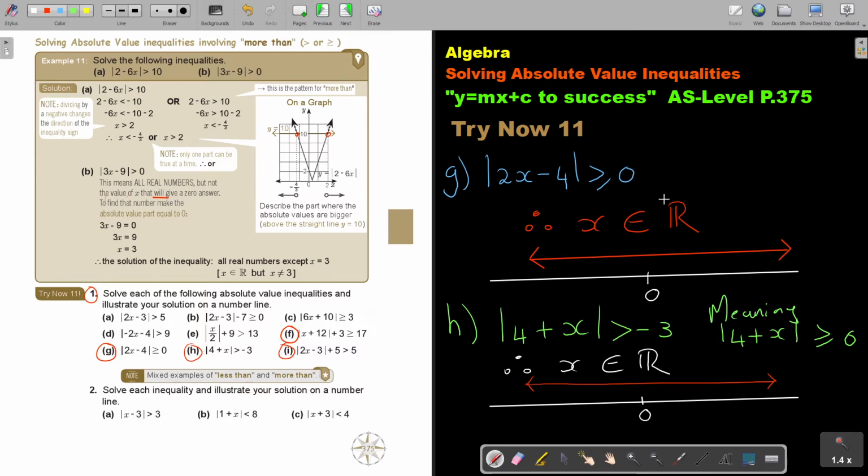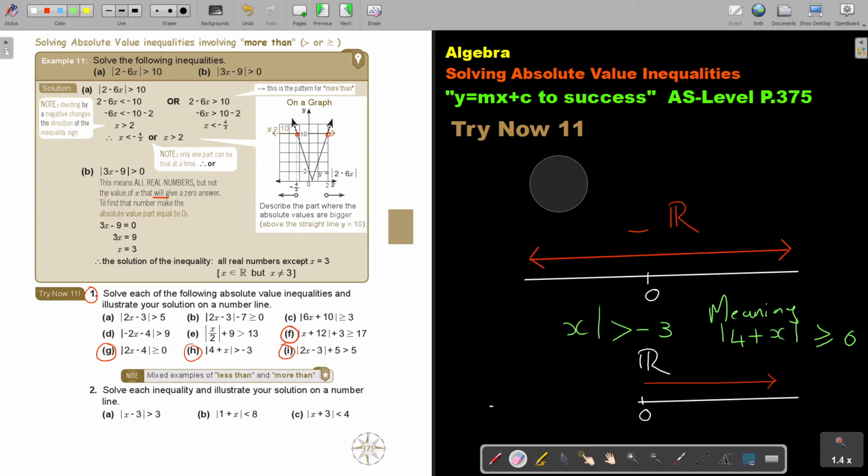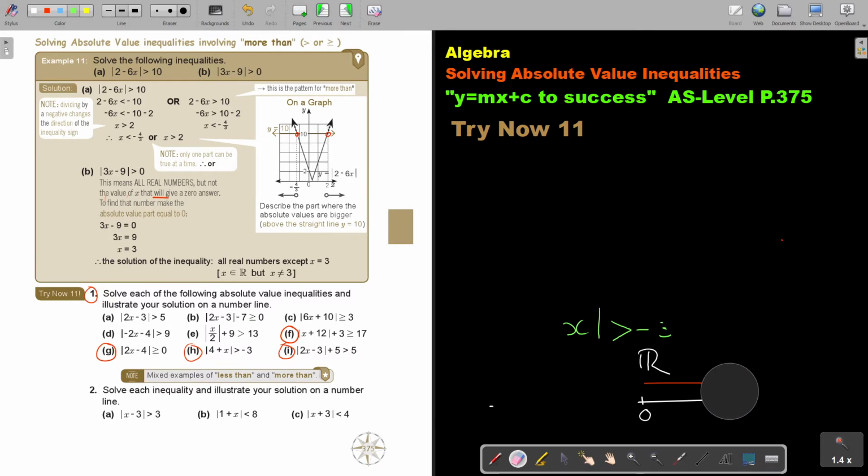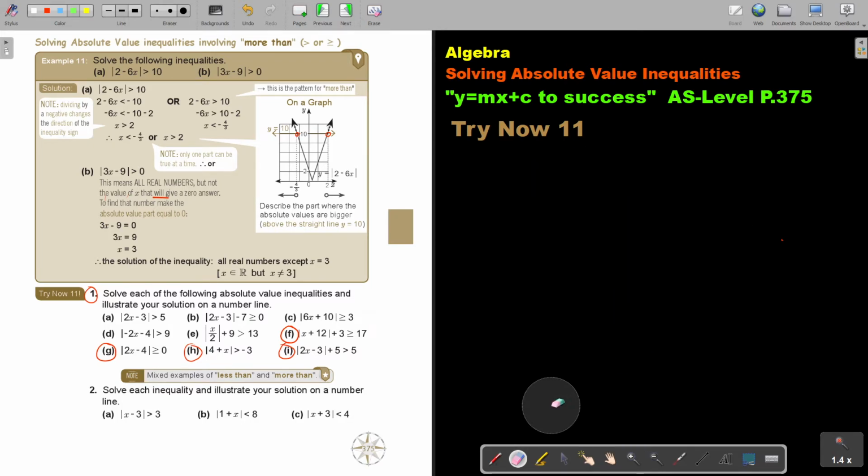Okay. Now, what's the thing with number I? So bigger, you have to think a little bit. It's not like smaller. Now, number I. And this was 2x minus 3 plus 5.